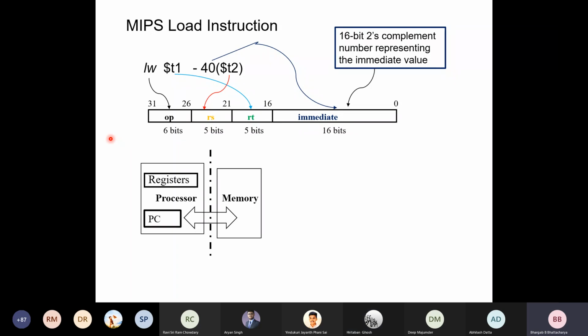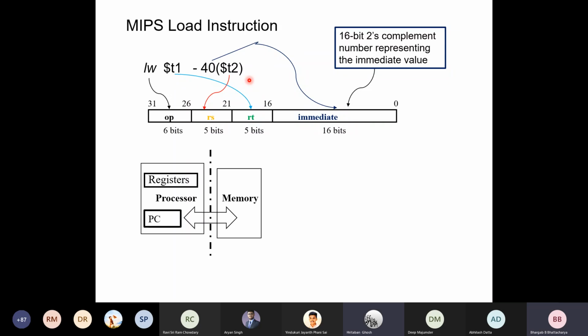But there is one small issue. Remember that the program counter always points to the address of an instruction, not data. When you want to fetch data from memory, the address you compute, T2 minus 40, is the address of the memory location from which the data has to be fetched.